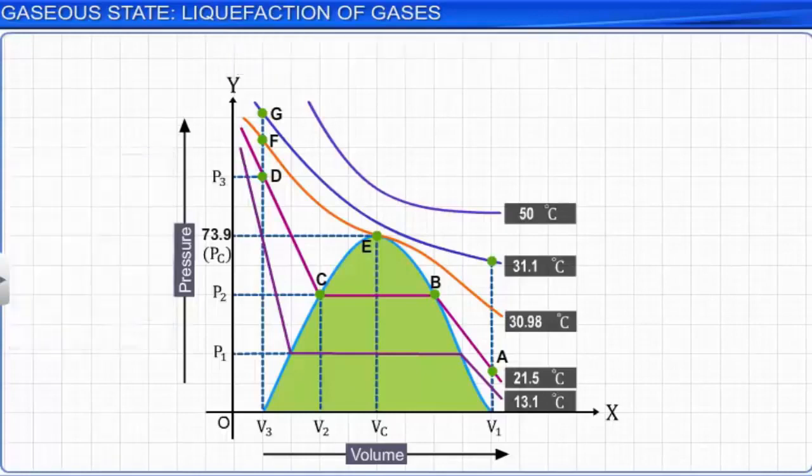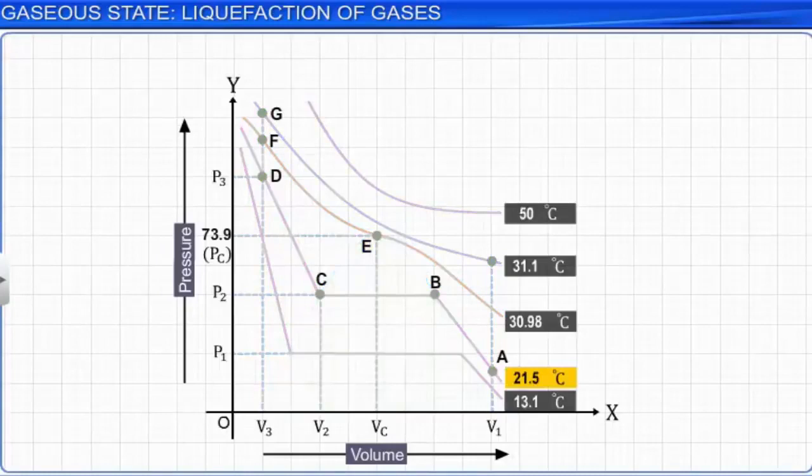Observe the isotherm at 21.5 degrees Celsius. At low pressure, carbon dioxide exists as a gas at point A. On increasing the pressure, the volume of the gas decreases along curve AB.